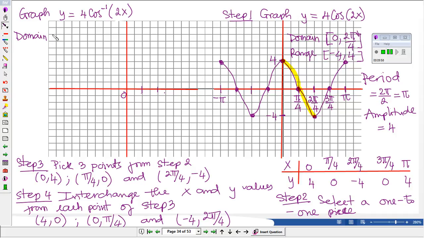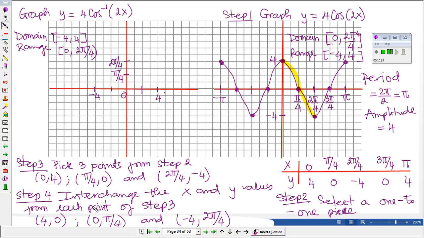So the domain will go from negative 4 to positive 4. So 1, 2, 3, 4, so this is negative 4, positive 4. And the range of my inverse will be the domain, from 0 to 2 pi over 4. So 0, this is 1 pi over 4, this is 2 pi over 4.